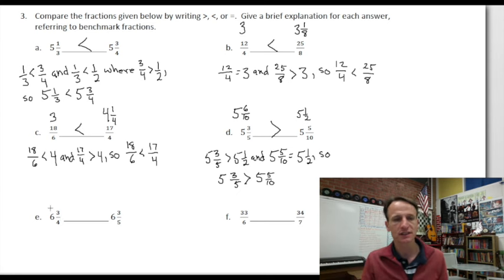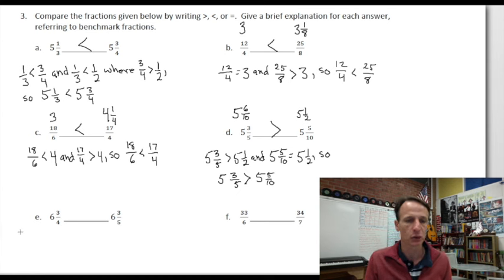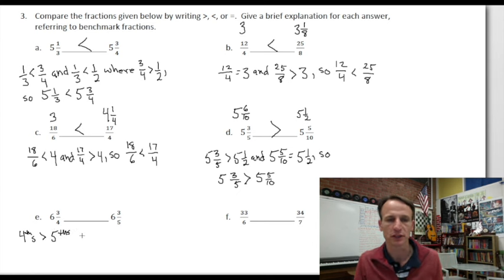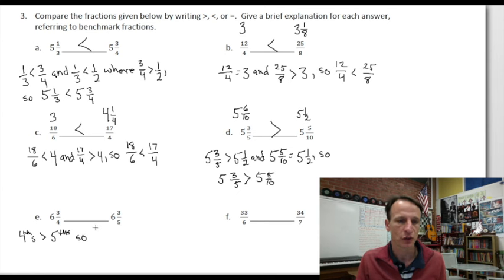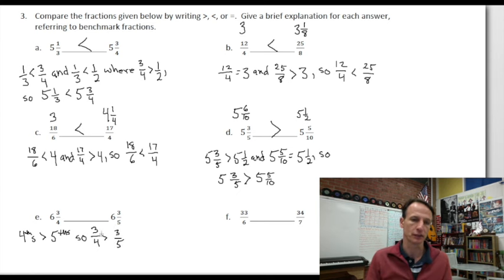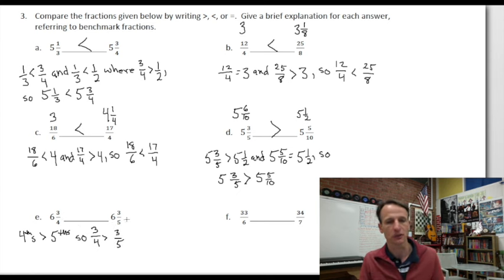And so we could say here, because fourths are greater than fifths, I should have written it that way, but you get the idea. So 3 larger pieces, 3/4, is greater than 3/5. And there, of course, it follows that 6 3/4 is more than 6 3/5.